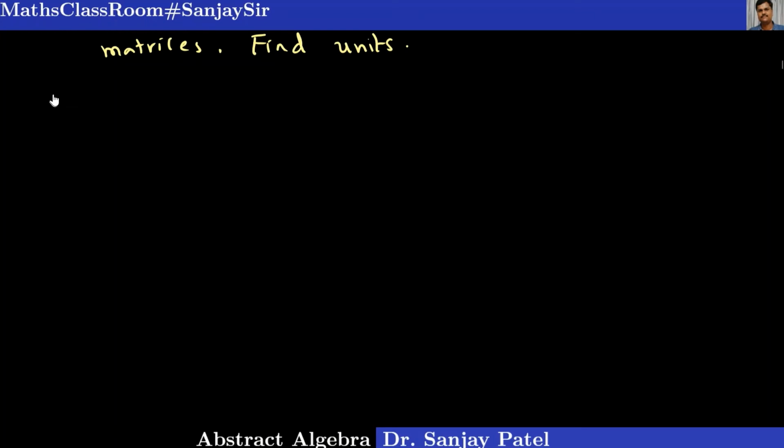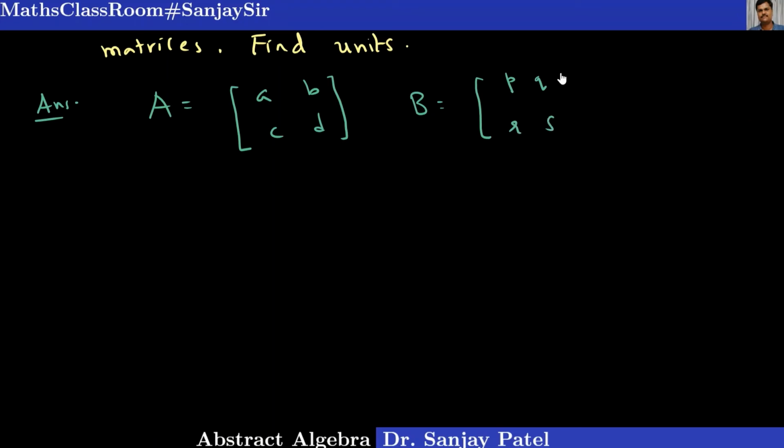So we know that for any two matrices, suppose I take A equal to A, B, C, D and B equal to P, Q, R, S in the ring, in the set M 2 cross 2 R. This R and this R are different.